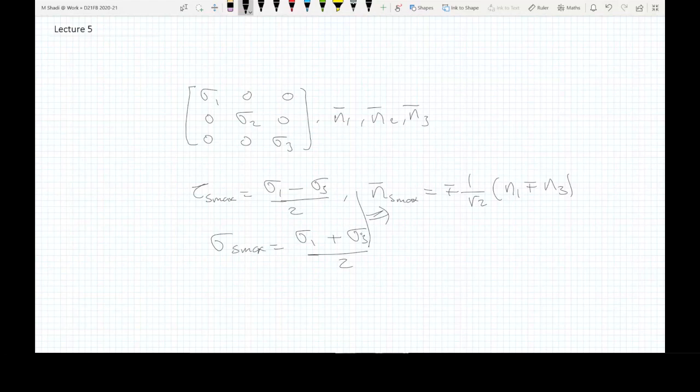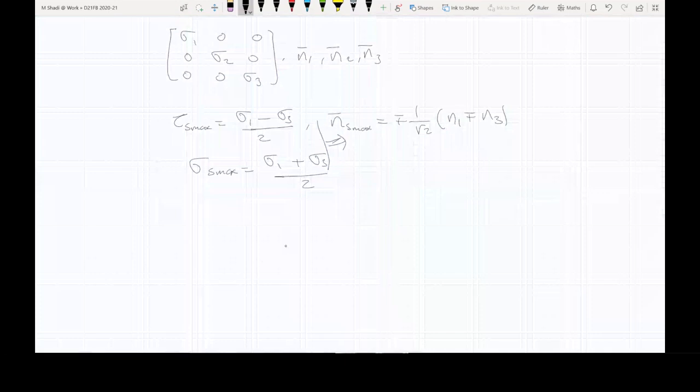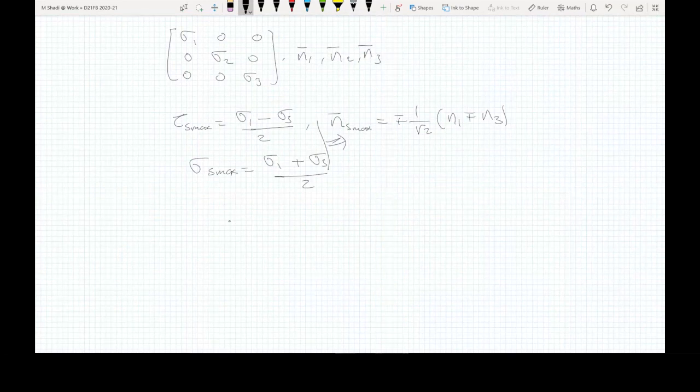And then we said there is an equation for equilibrium. Just like we have equilibrium of forces, we also have equilibrium of stresses.